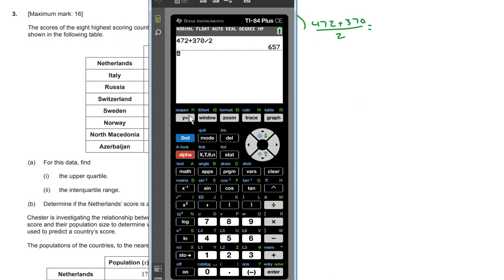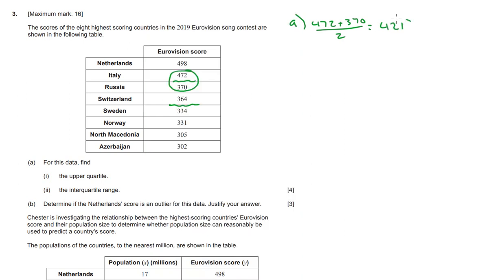We'll do alpha y equals, put in our fraction here, and let's do it the smart way: 472 plus 370 all over 2, and that will give us the correct answer of 421. I should label this equals quartile 3.